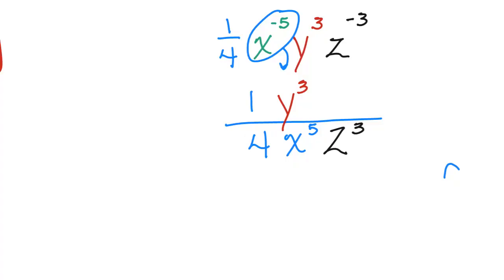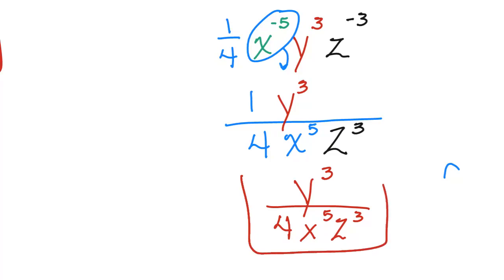If I simplify it, I don't need the 1 out in front, although I could leave it. Final answer would be y to the third, all divided by 4 x to the fifth, z to the third. But again, if you put the 1 and leave it there, that's okay too.